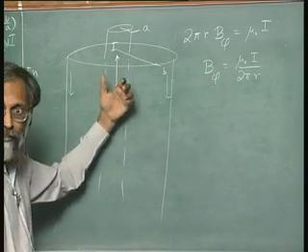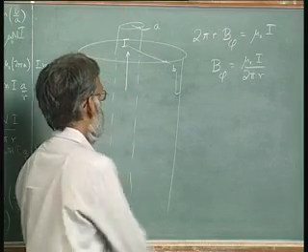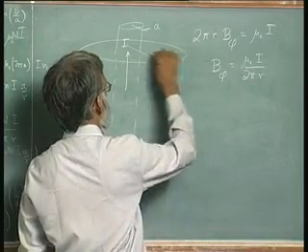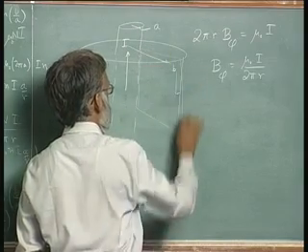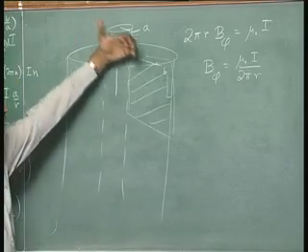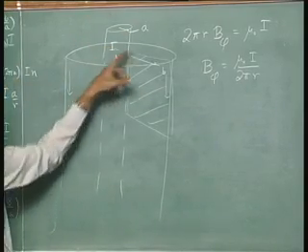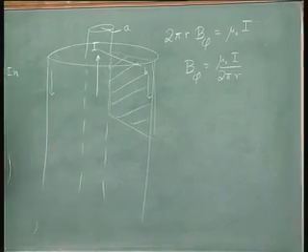What is the flux? The flux is what intersects this cross section, because it is a phi direction B phi. So, the cross section is in r and z.